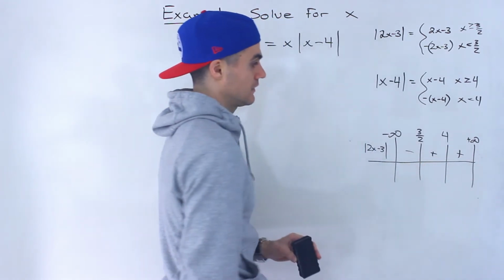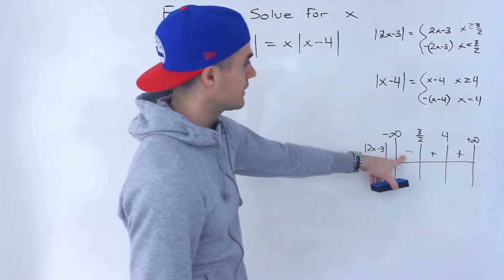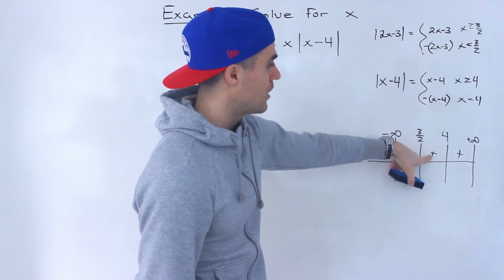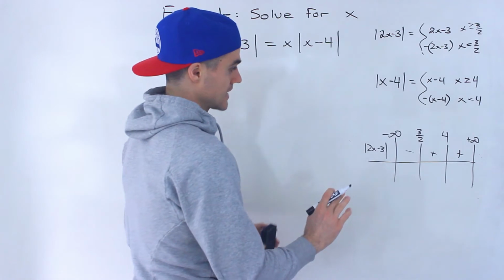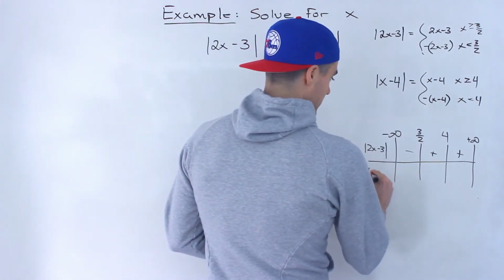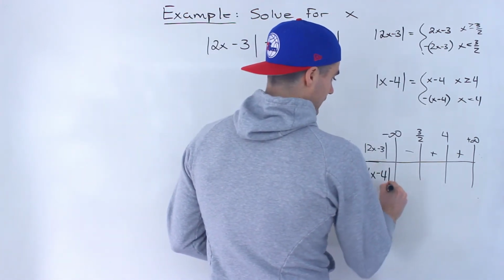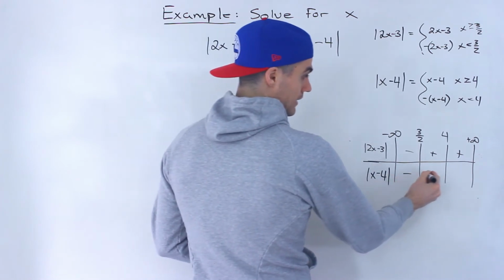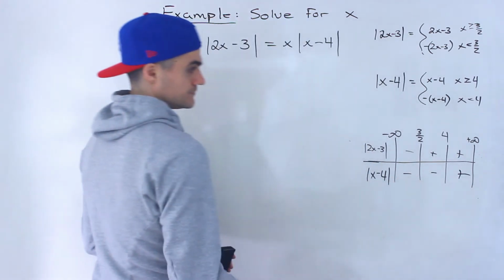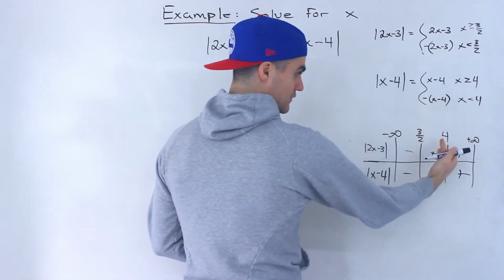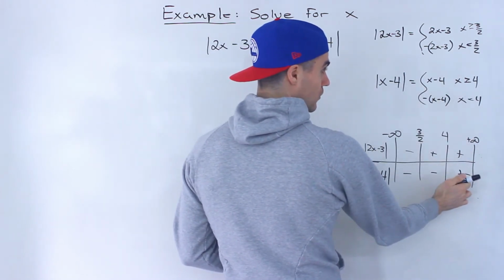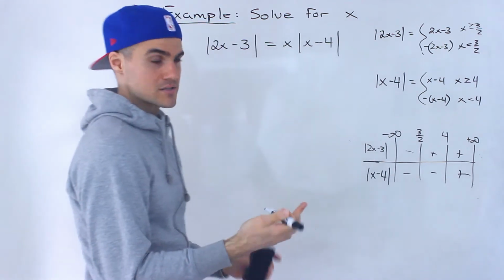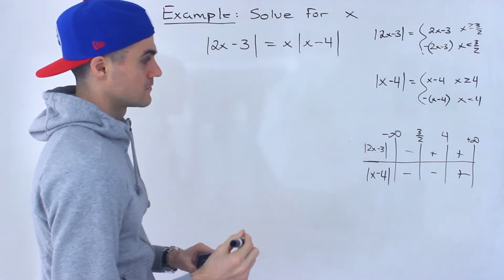The negative means there's a negative in front of it; the positive means there's a positive 1 in front, so it just stays as is. And the absolute value of x minus 4 is negative when x is less than 4, so on these two intervals there's a negative in front. When x is greater than 4, it's positive and stays as is.